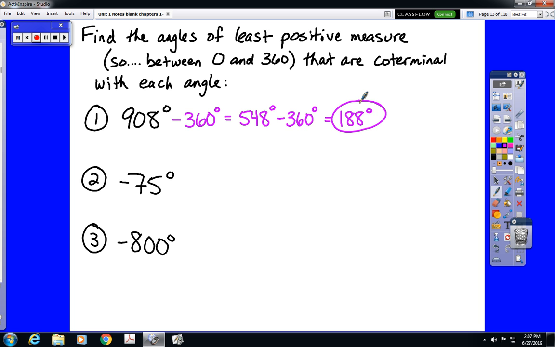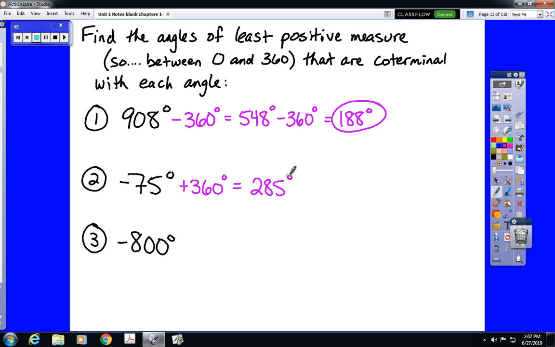Okay. So our second example here is negative 75 degrees. Is that between 0 and 360? No, it is not. However, it is actually less than 0. So instead of subtracting 360, we are going to add 360, which would be 285 degrees. And we ask ourselves, is that between 0 and 360? If the answer is yes, then that's the answer to the question.